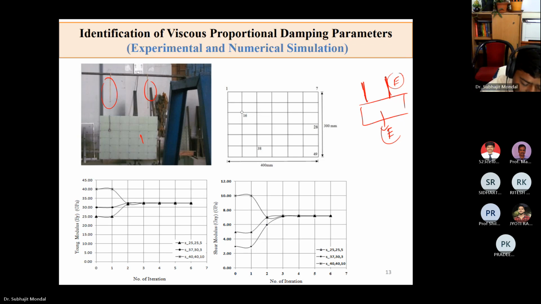This way we can achieve free conditions. The other condition you can go for is the fixed condition. How to achieve it? You can use some C clamp to fix it and put some load over it. That also achieves the fixed condition.